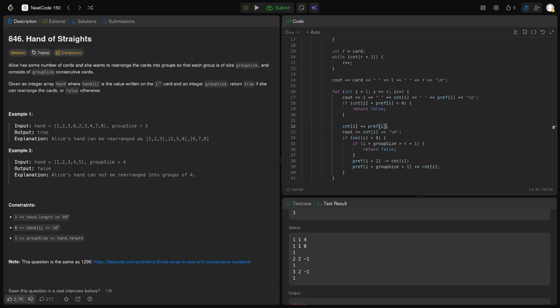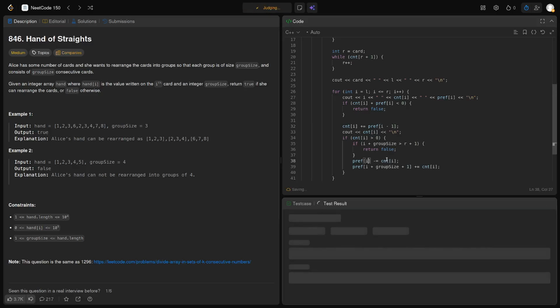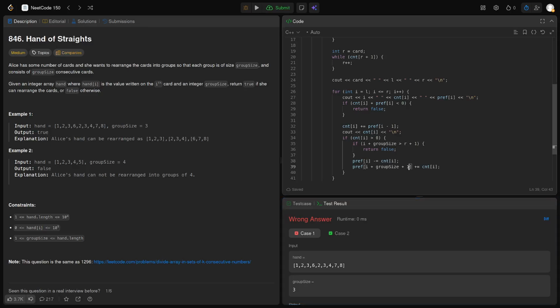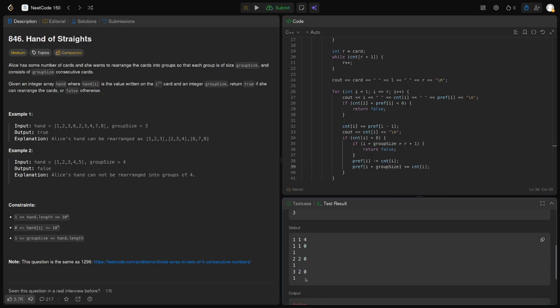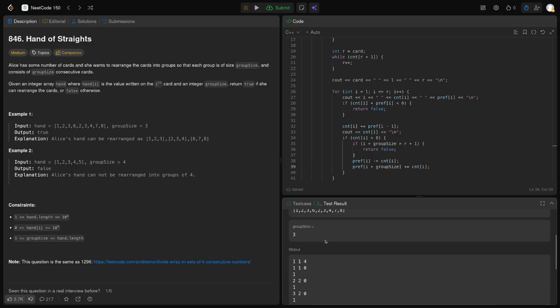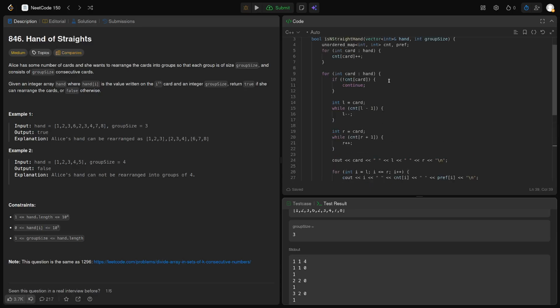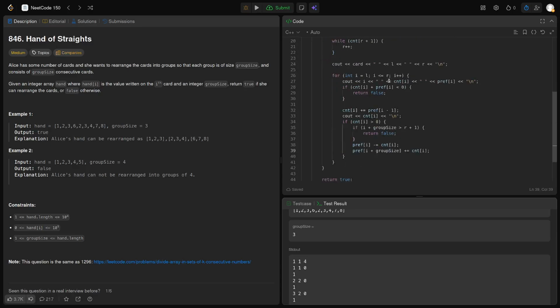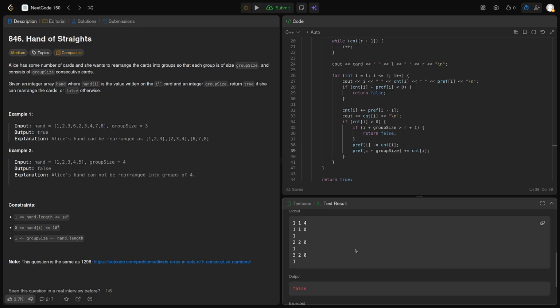Is this really true? Because I should do this, and then I should update this prefix, and then maybe this. I'm not sure. Where is the fault exactly? Because I'm kind of clueless here.